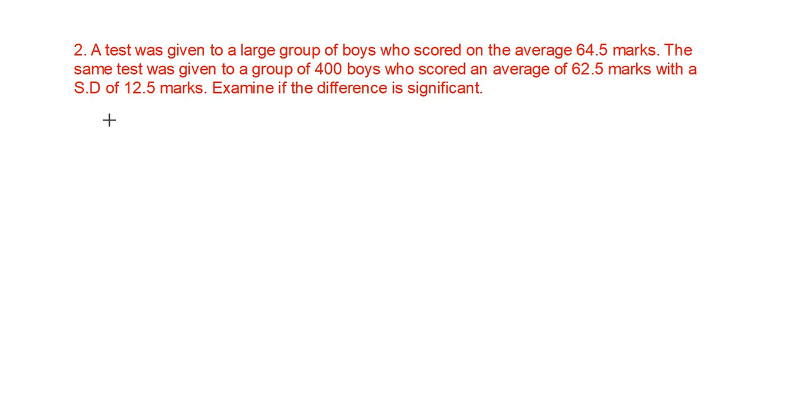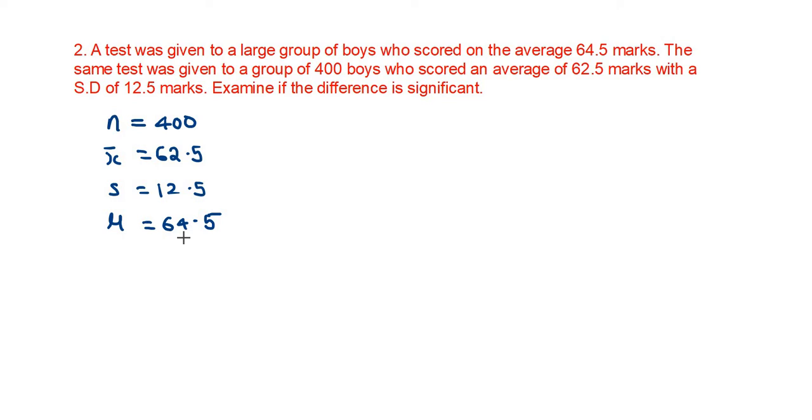So what are all the given data? Usually we'll write first n. Here only one sample we have. So n is equal to 400, and the mean of the sample x bar is equal to 62.5, and the standard deviation of the sample S is equal to 12.5, and the mean of the population mu is equal to 64.5.